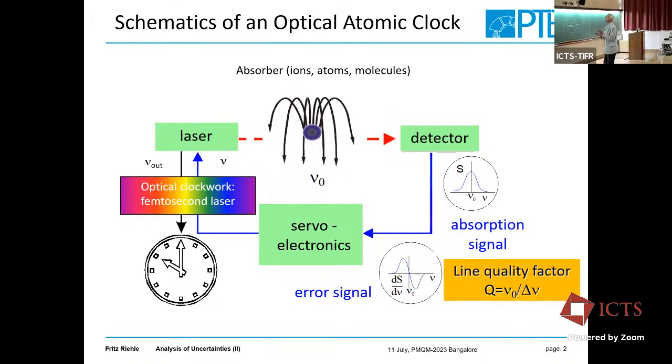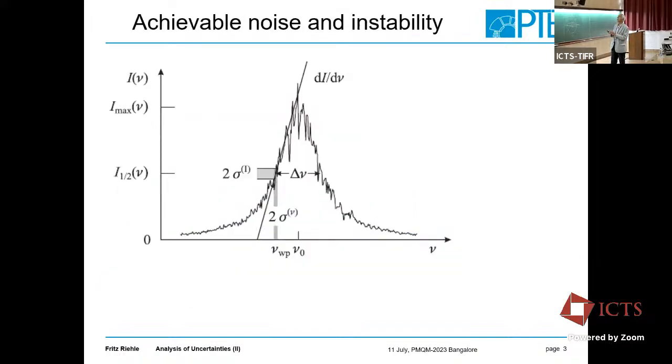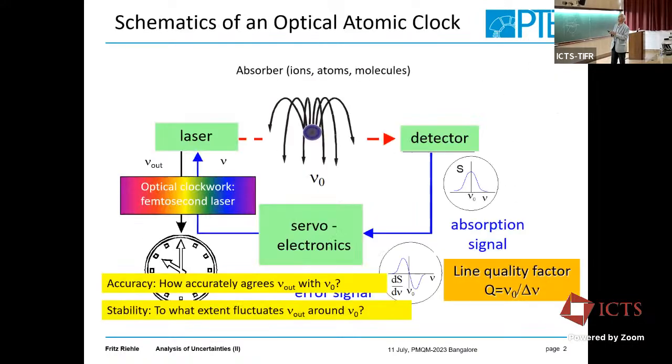And if we irradiate such an ensemble, we would see some absorption feature in a detector. We could measure it, derive an error signal from this, and use servo electronics to steer the laser to be at the frequency nu0.